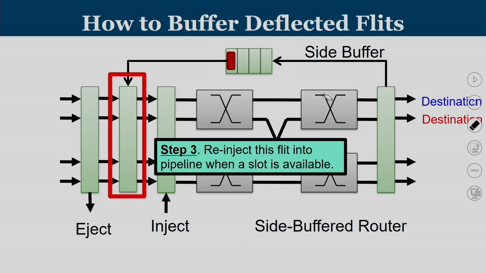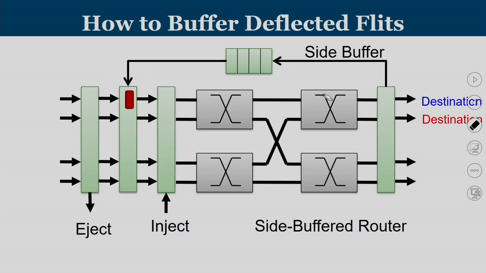And then the third step is to re-inject this flit into the pipeline when a slot is available. So, the flit will come into the pipeline in the next cycle, and followed by that this flit is going to move and may get a productive port at that point of time. So, this way we are trying to improve performance by reducing the deflection rate.